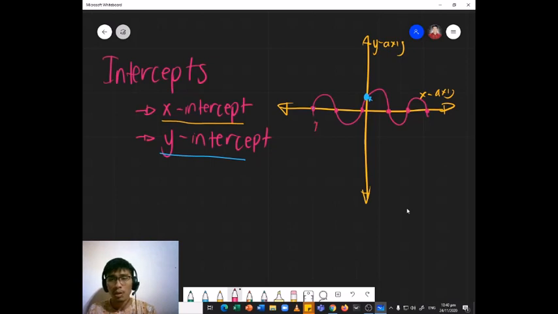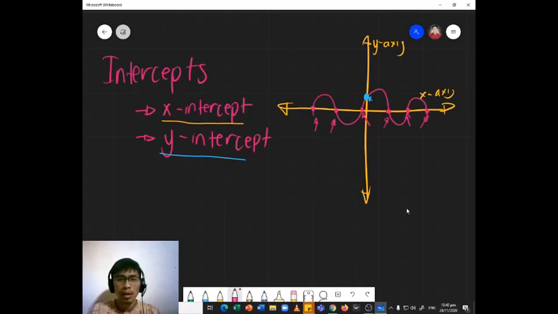Those points are your x-intercepts. Basically, we will find the parts of the graph where your graph touches the x and y axis, and we will be finding them in this video.